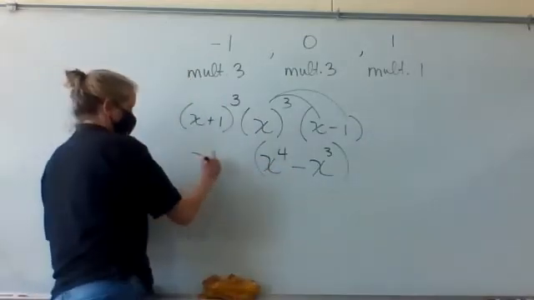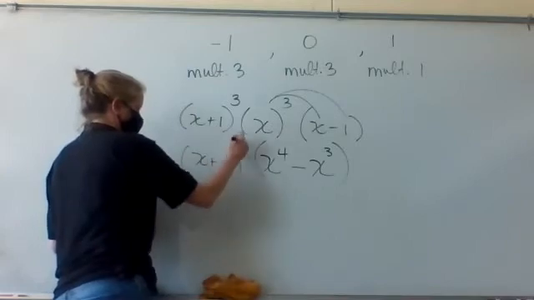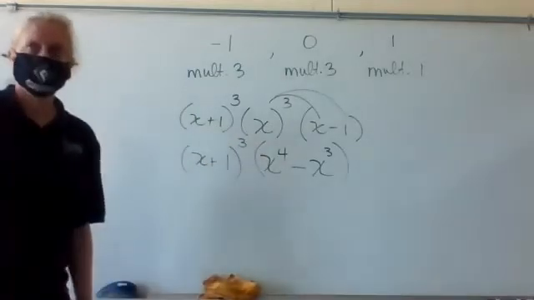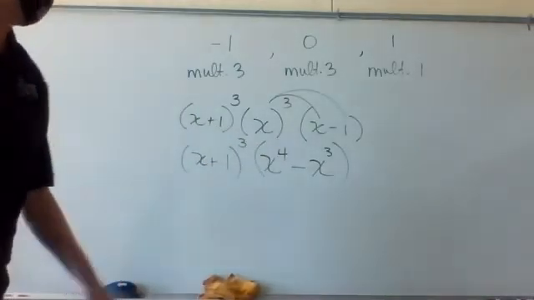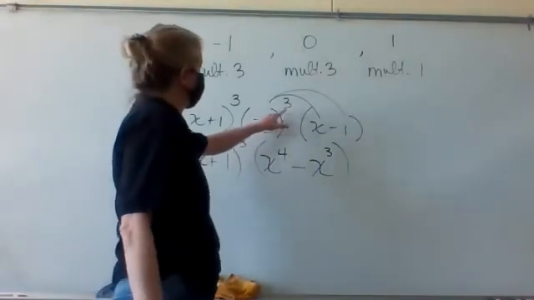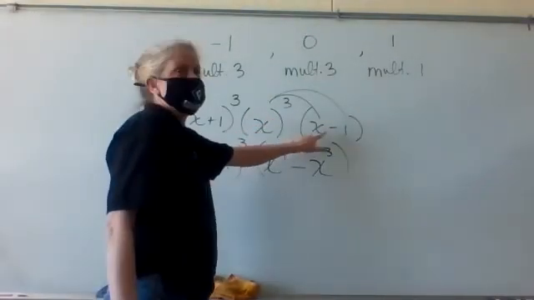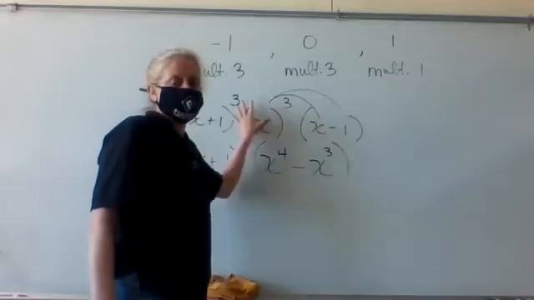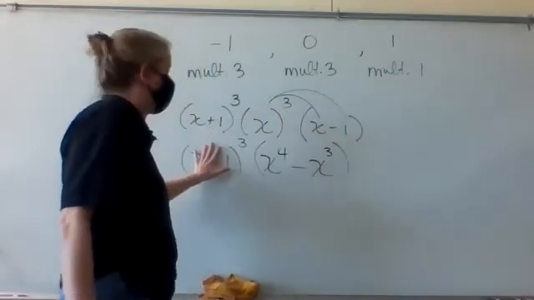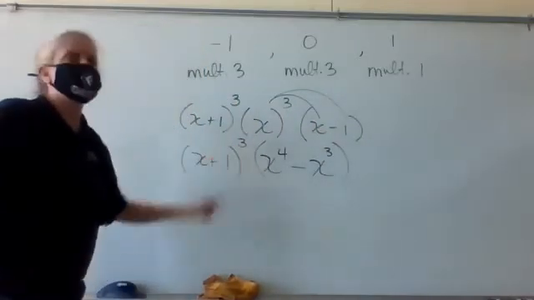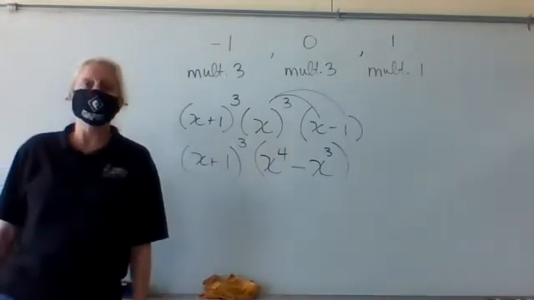I'm going to bring down this x plus 1 to the 3rd. So all I've done so far is distribute this x to the 3rd to both of those. So I've taken care of that. So all I need left to do is the x plus 1. But since it's to the 3rd power, I got to take care of that first.